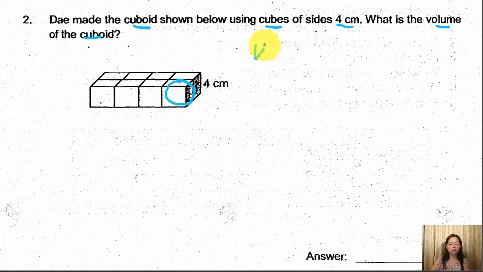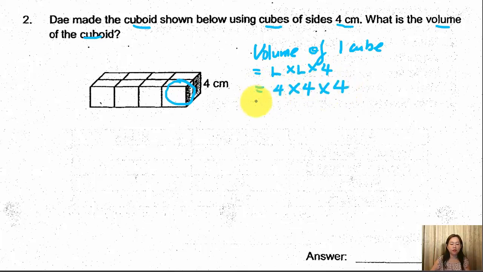So, volume of a cube is actually equals to length times length times length, which will be equals to 4 times 4 times 4, and it is actually 64 cm cube.